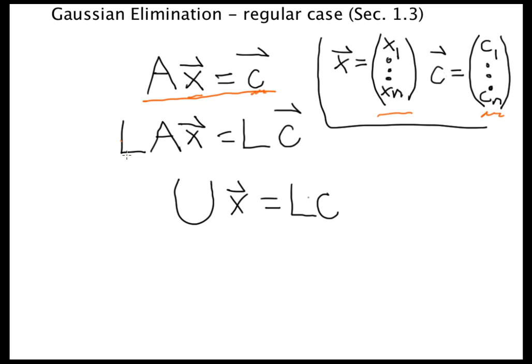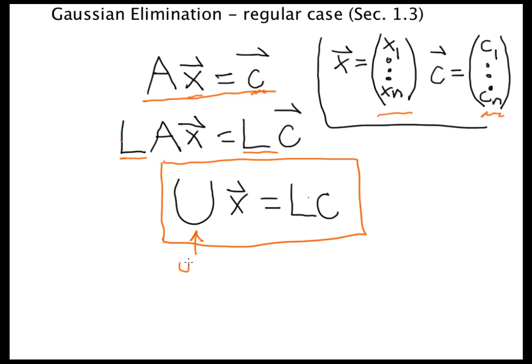And what I was hoping is that I can find a lower triangular matrix L, so that if I multiply both sides of this equation, I can put it into this form, where now this U is upper triangular, and this is an equation that's easy to solve.